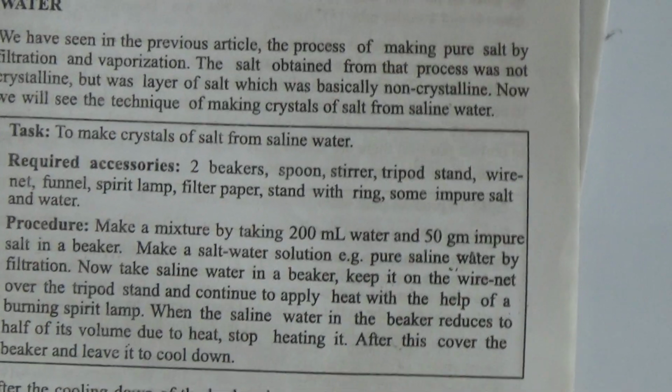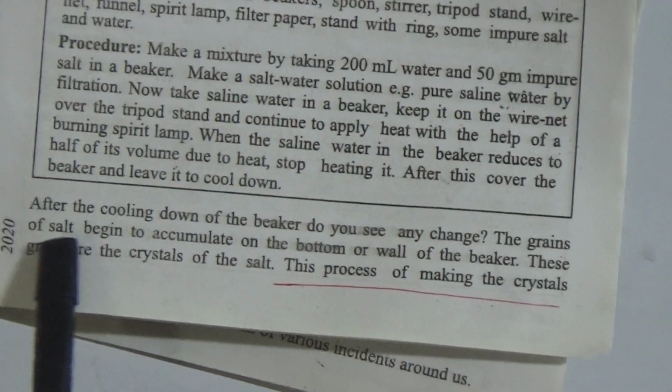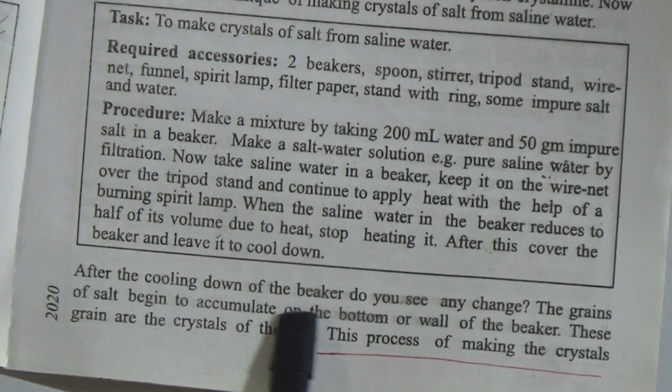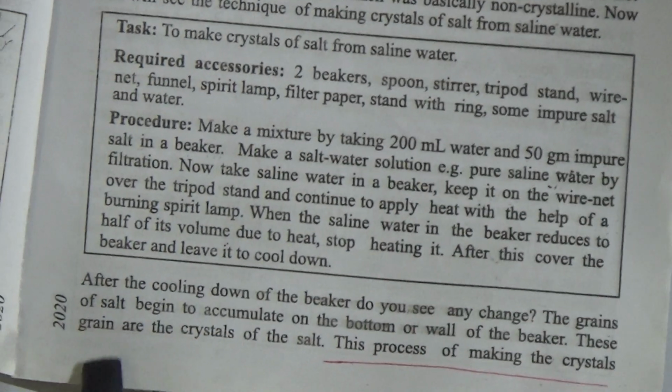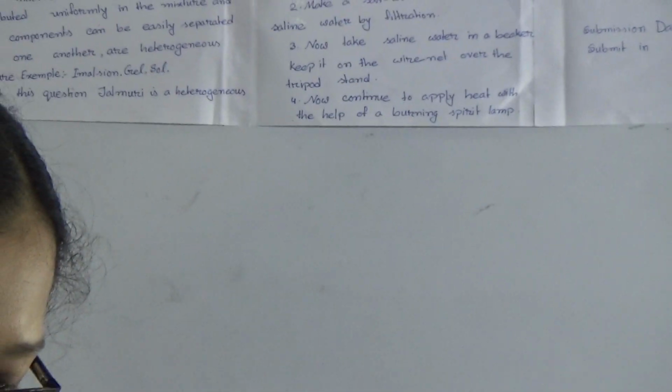Then after cooling down the beaker, do you see any changes? Then these grains of salt begin to accumulate on the bottom or wall of the beaker. These grains are the crystals of the salt. This process of making the crystals of the salt is called crystallization.